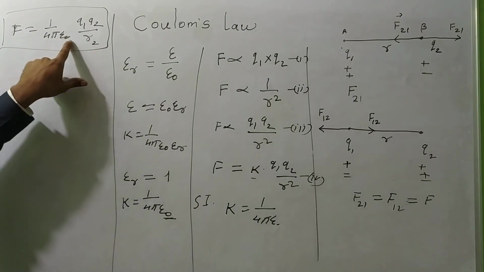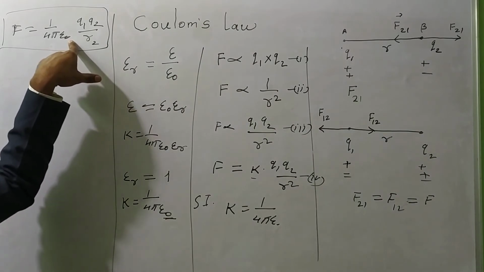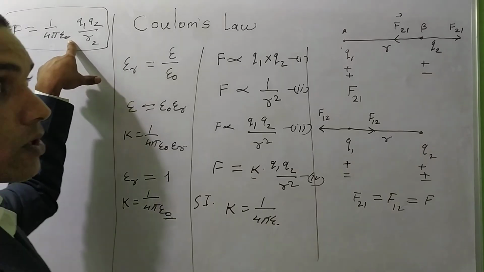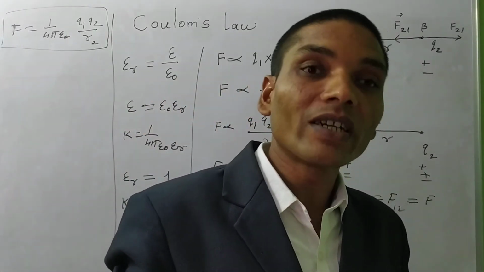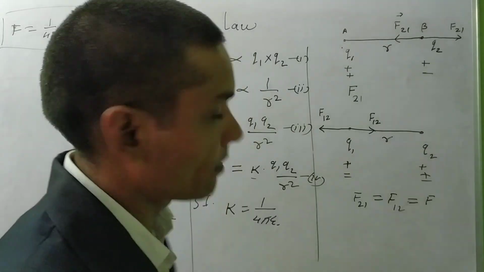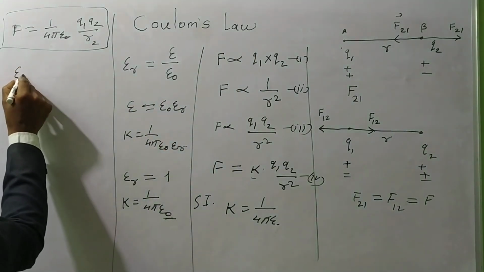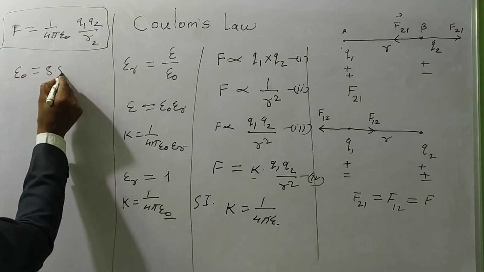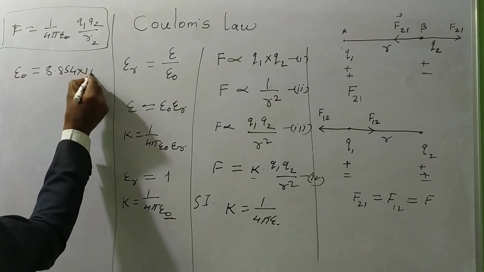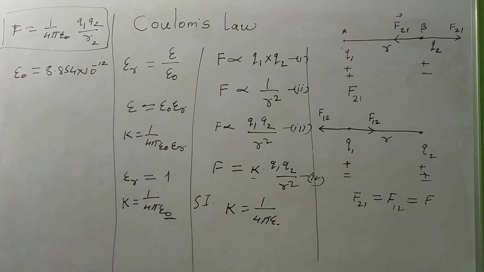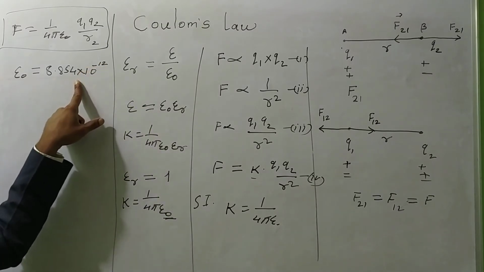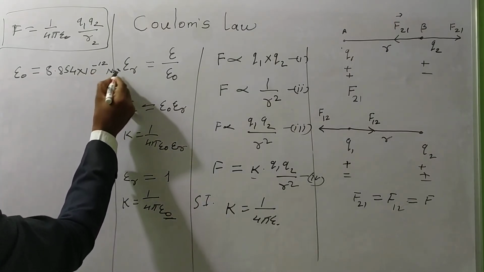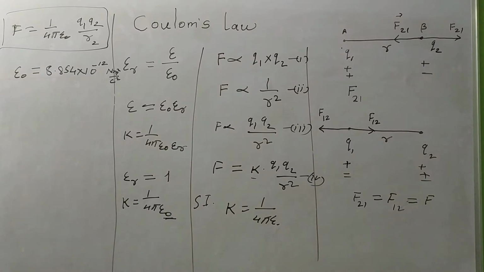Here epsilon naught is the absolute permittivity, the permittivity of vacuum or of air, and the value of this absolute permittivity is equal to 8.854 into 10 to the power minus 12. This value is in Newton meter square per Coulomb square.